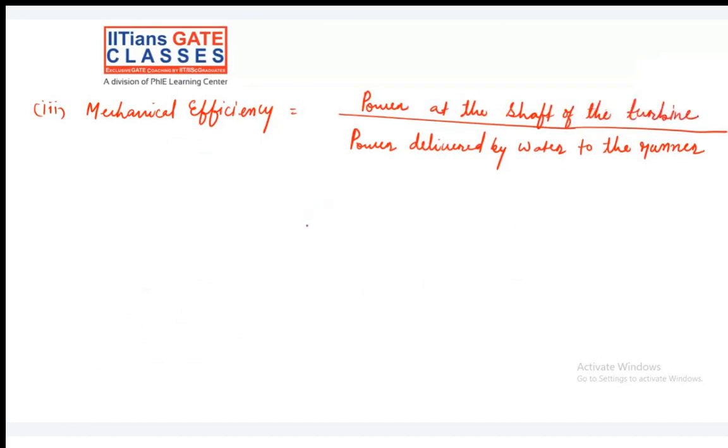So can I write this one as shaft power divided by runner power? Okay, so mechanical efficiency is also done.